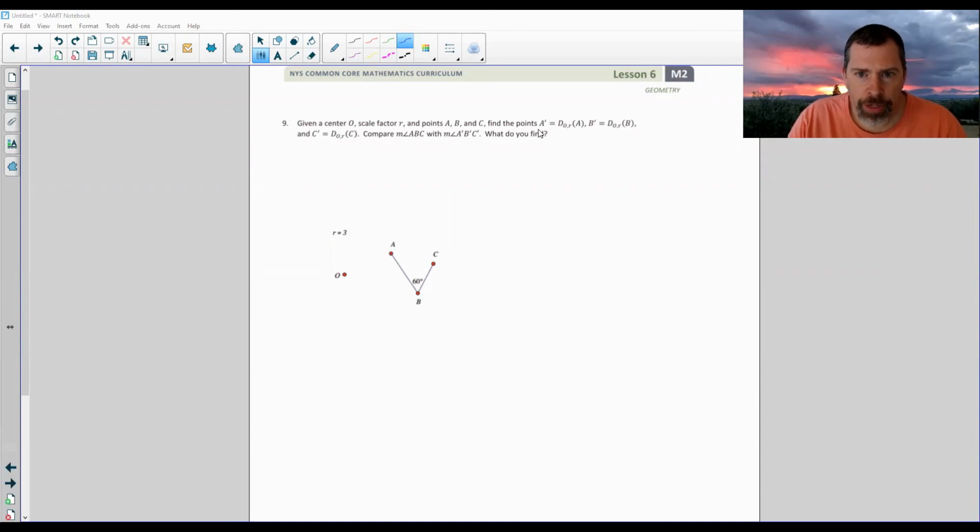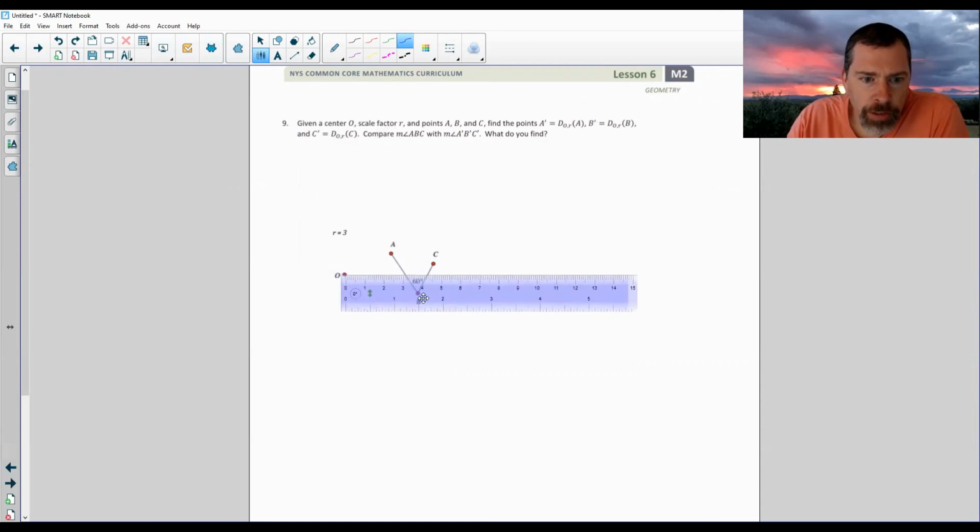Find the point A prime that is a dilation about O of R equals 3 of A. B prime is the same dilation from O, and C prime as well. Okay, it says to compare the measure of angle ABC with the measure of angle A prime, B prime, C prime. So what we're going to do is get our ruler, put it on O.